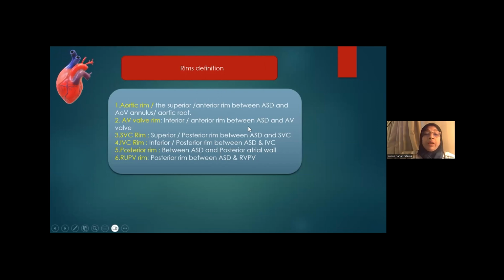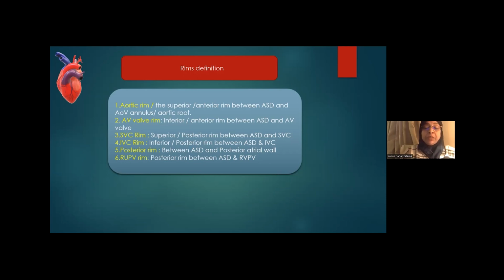Now, I have mentioned earlier that there are 6 rims in the atrial septum if we consider device closure. Now, what is the aortic rim? Aortic rim is the anterior superior rim between the atrial septum and the aortic valve annulus. So in the anterior part of the atrial septum, the anterior rim is divided into anterior superior and anterior inferior.